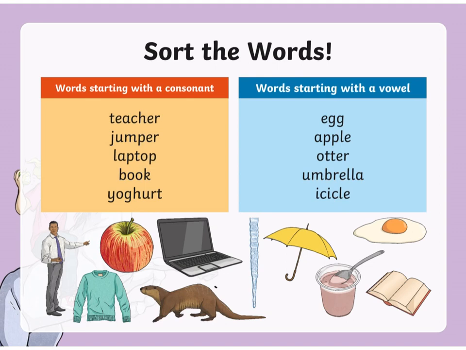consonants. Now, let's sort the words. Which words? Consonants and vowels. Words starting with consonants and vowels are teacher, jumper, laptop, book, yogurt, egg, apple, otter, umbrella, icicle. Now, let's identify with the picture. A teacher.